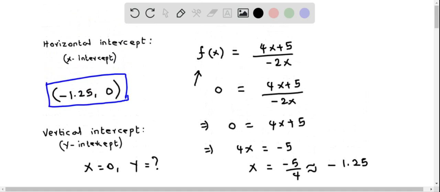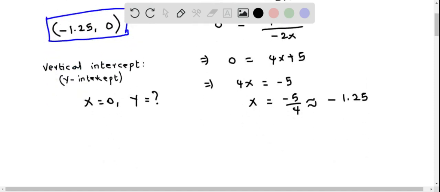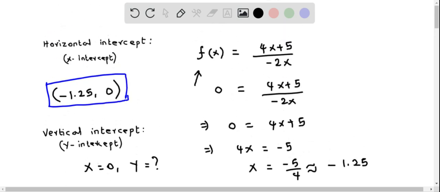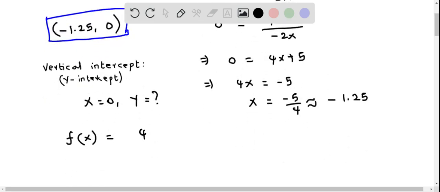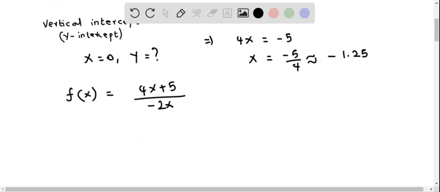So let's do that. Let me copy the function first, that is f of x, and this equals 4x plus 5 divided by negative 2x. So we put x equal to 0 and solve for f of x.